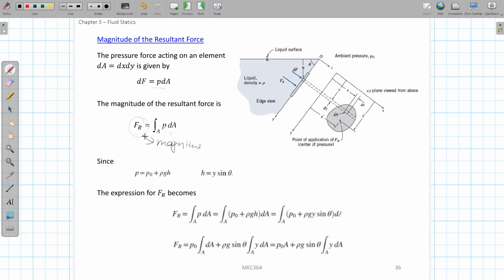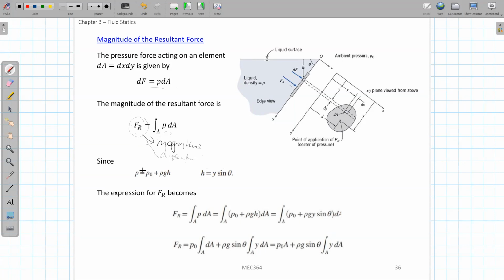So the direction is always perpendicular to this plane. This way you can quickly calculate the resultant force, both magnitude and direction, by integrating pressure over the whole surface area.